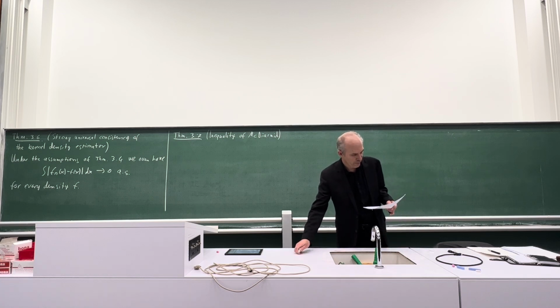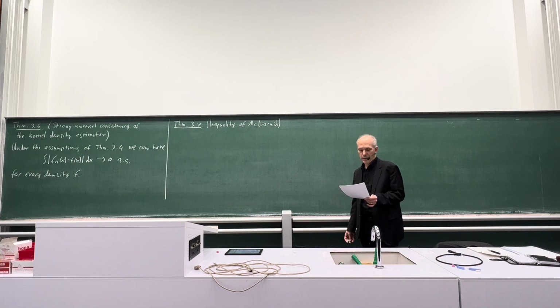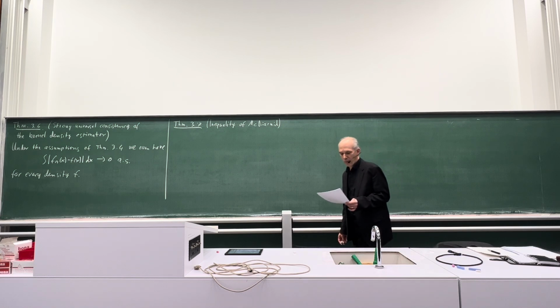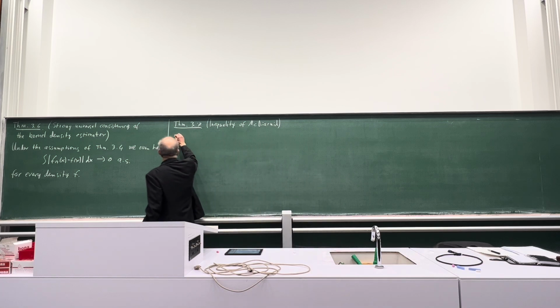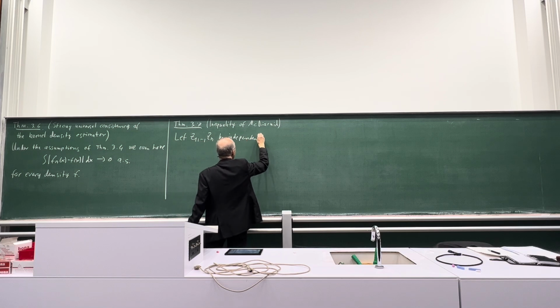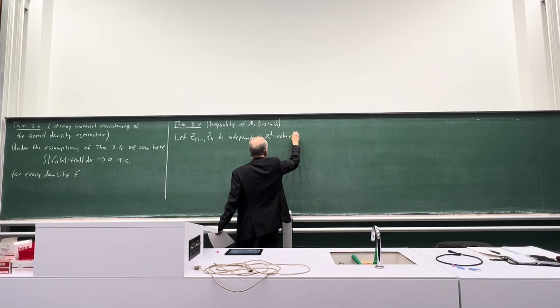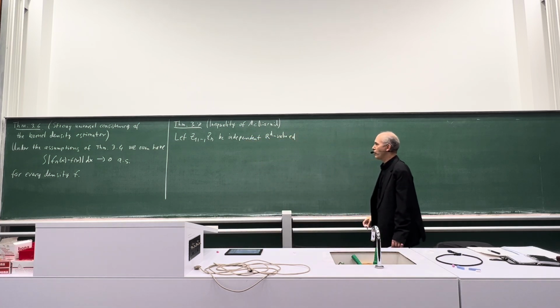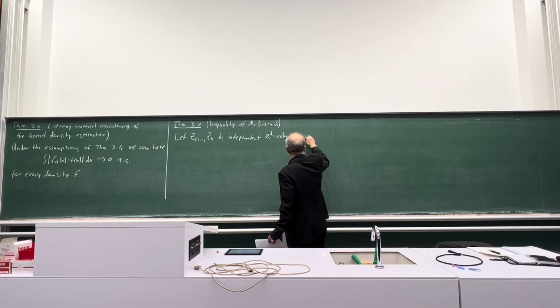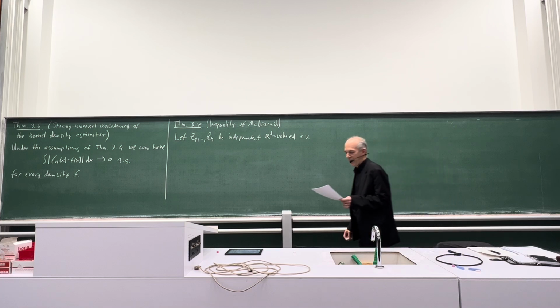And the special situation is the following. You have independent R^d-valued random variables Z1 to Zn, and they take values in some measurable set, a subset A of R^d.